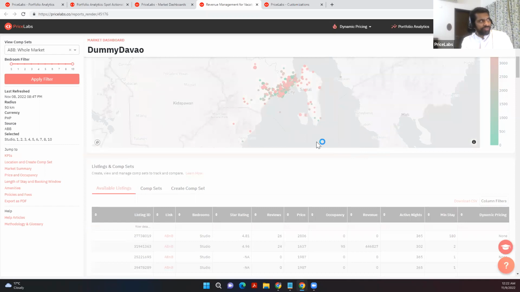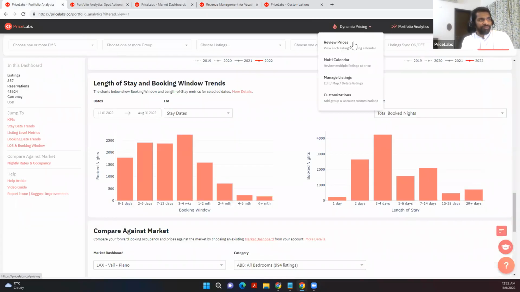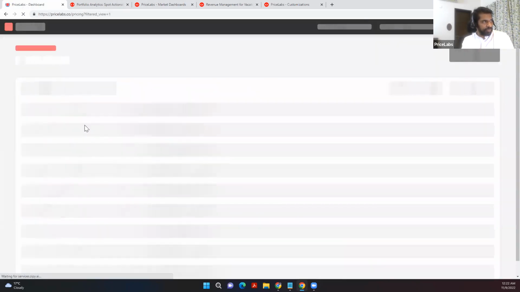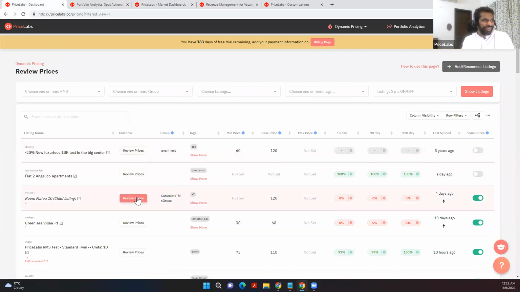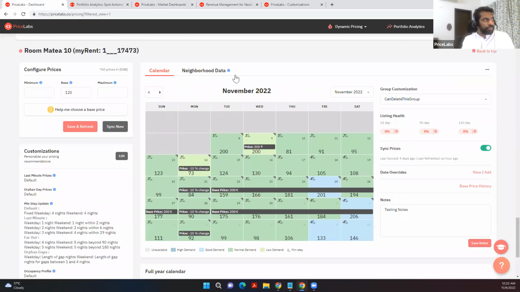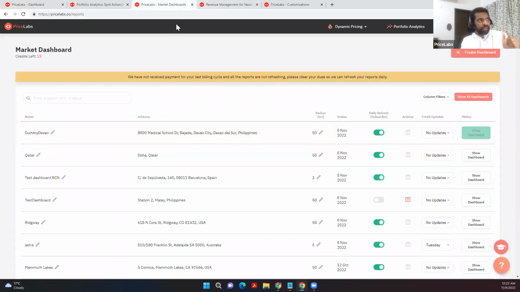Once you have that done, within your review prices page, when you're looking at a listing's neighborhood data, and I'm saying a bunch of jargon, which depending on how long you have used PriceLabs, you may or may not be familiar with. So step 1, create a market dashboard.